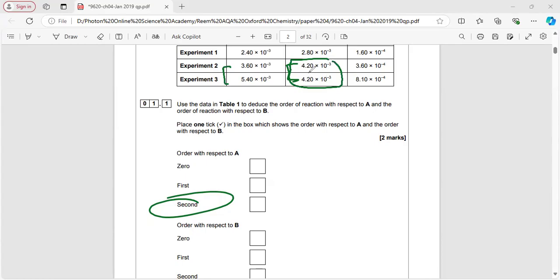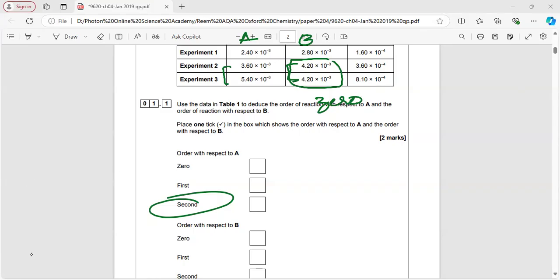As B remains constant, the reaction does not depend on B. It means the reaction is 0 order with respect to B, because the concentration of A is changing but the concentration of B is not changing.